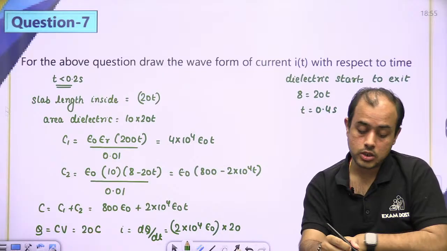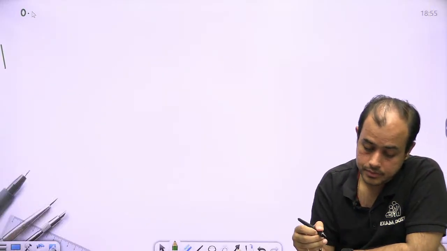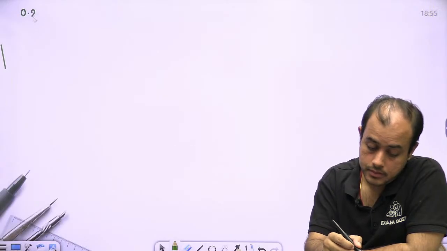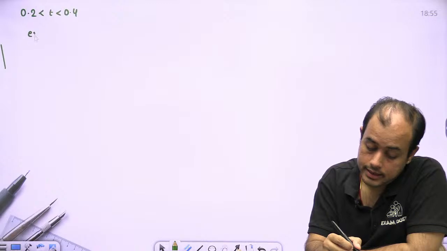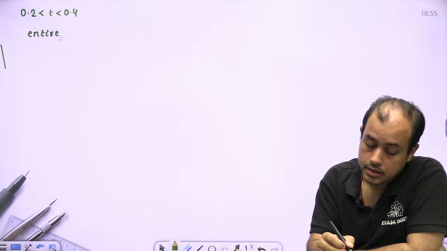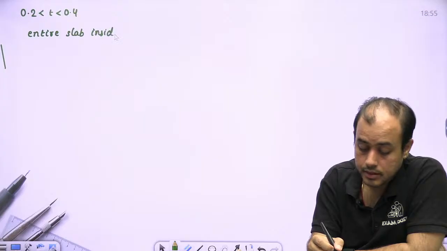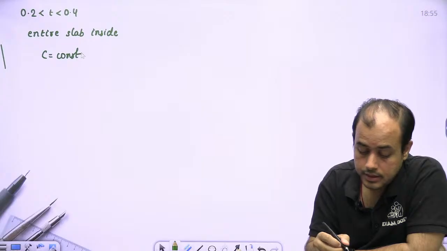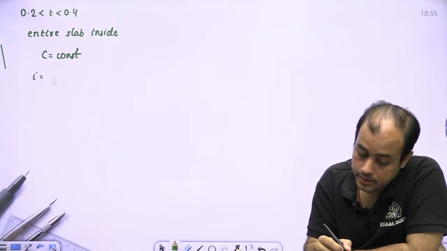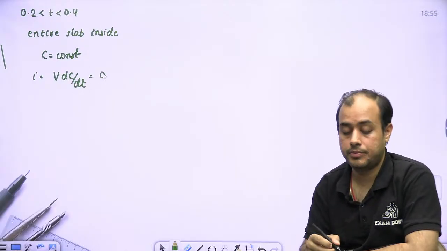So from 0.2 second till 0.4 second, entire slab inside, so capacitance is constant and current, V into dC by dt, because capacitance is changing with time, will be 0.